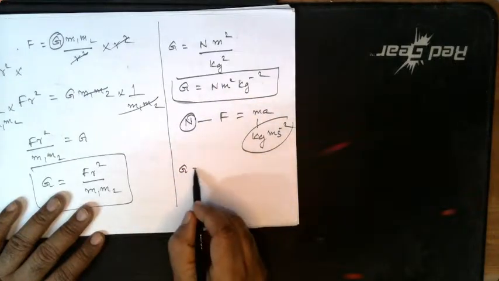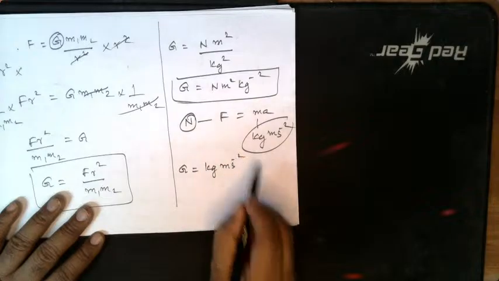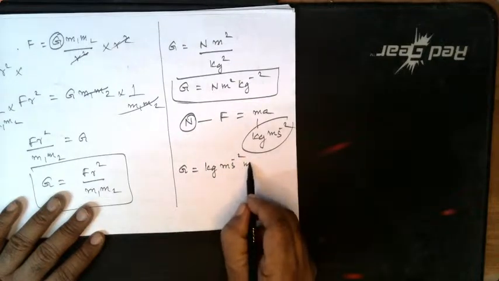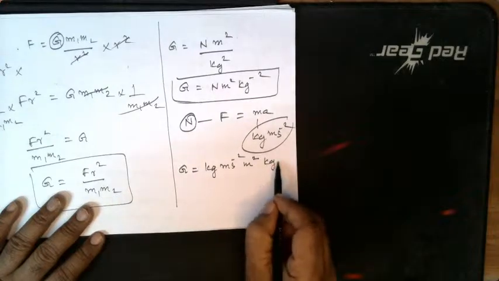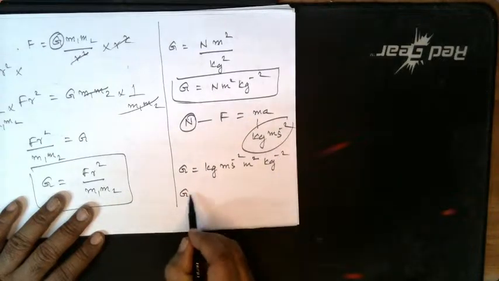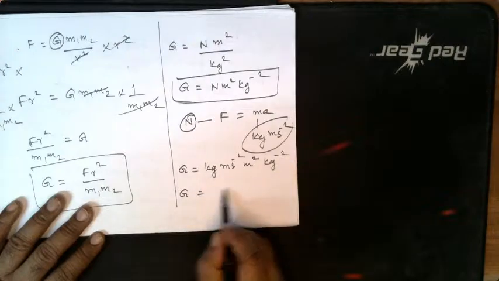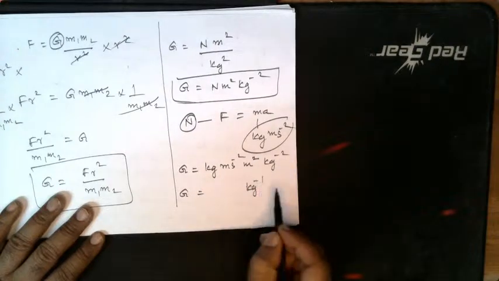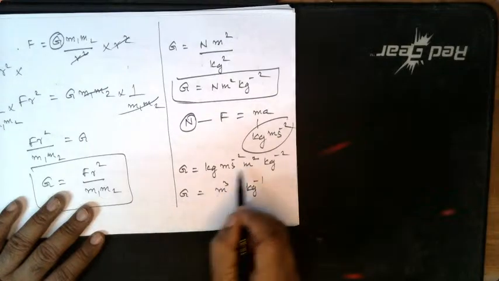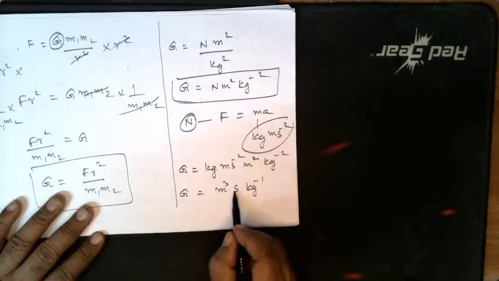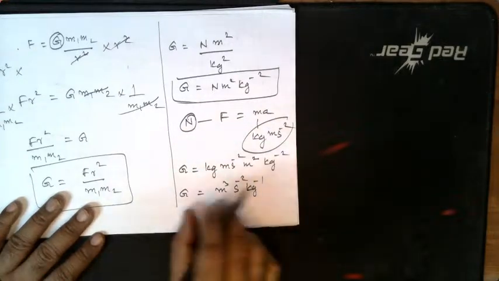Therefore G is equal to kg m s power minus 2, then m squared, kg power minus 2. So kg power minus 1, meter cube, second power minus 2. That's all. So you can give it in terms of this.